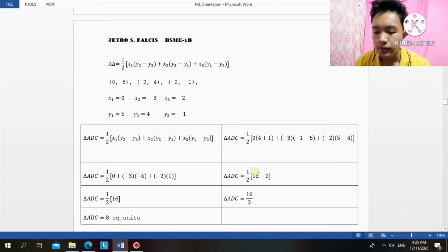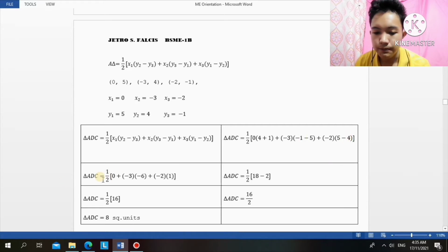So, 0 times 4 plus 1 is equal to 0. So, negative 3, let's add this. So, combine negative 1 minus 5 is equal to negative 6. Then, 5 minus 4 is equal to 1.